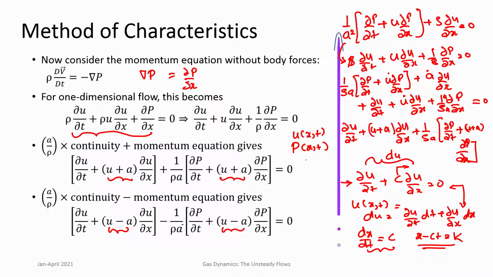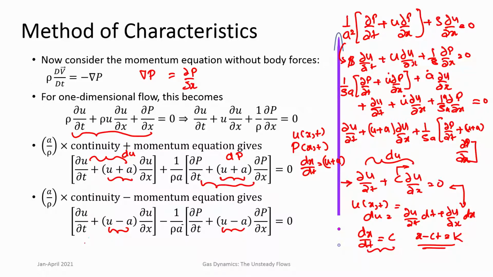So along the lines dx by dt equal to u plus a, this particular form gets converted into dp, while this will convert to du, which is the change in velocity.